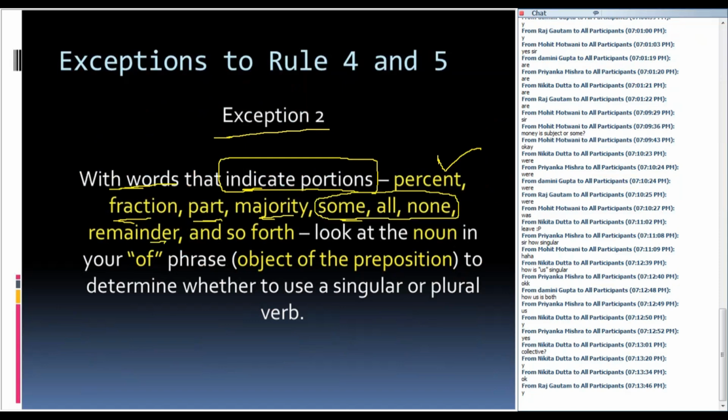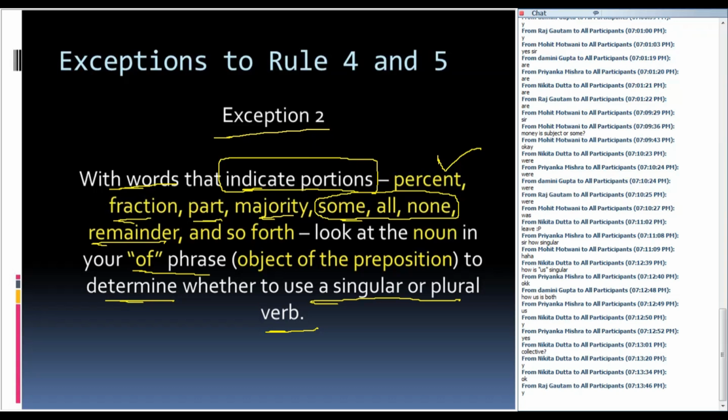Remainder, these kind of words, because they indicate portions, whatever comes after the of phrase will determine whether you have to use a singular or a plural verb. If you are using some word that indicates portions, then whatever comes after the of construction will determine whether the subject is singular or plural. So you are again breaking rule number 4 of ignoring the of construction.